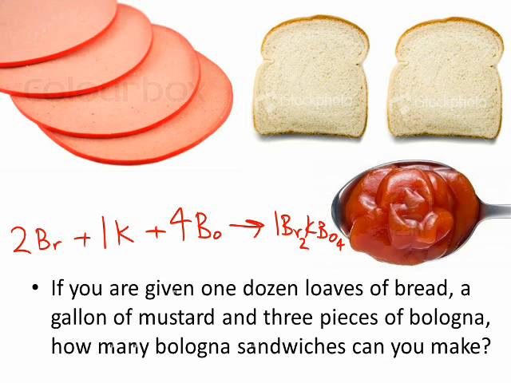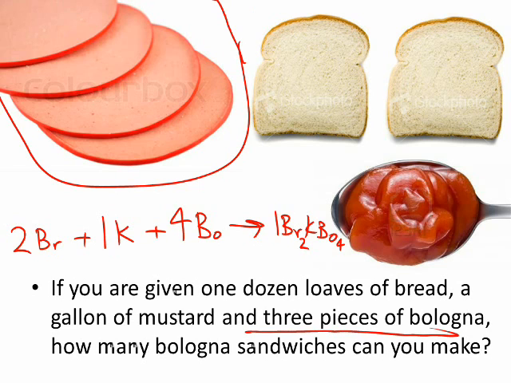We can see what the limiting reagent is. The bologna will be, because we were only given 3 pieces. So obviously the bologna is going to be the limiting reagent. These will be in excess.